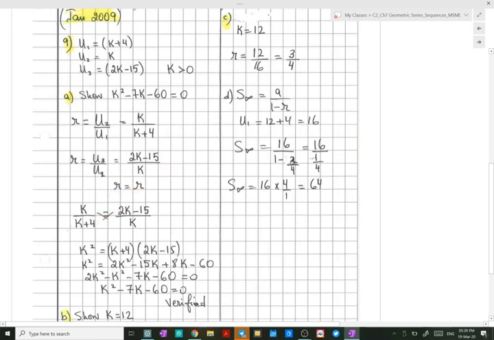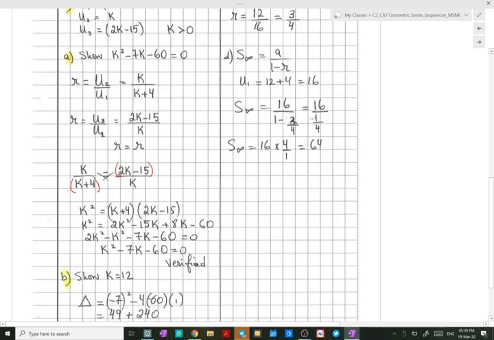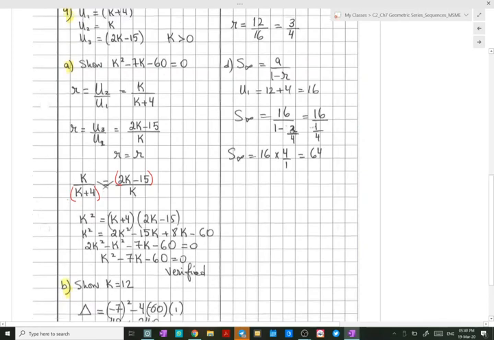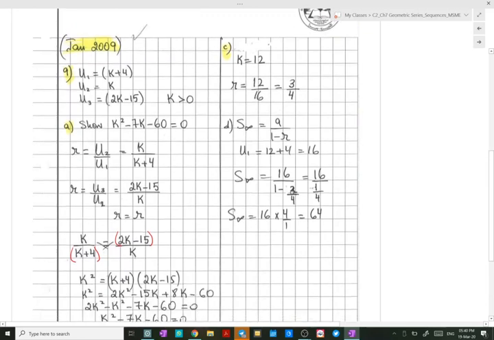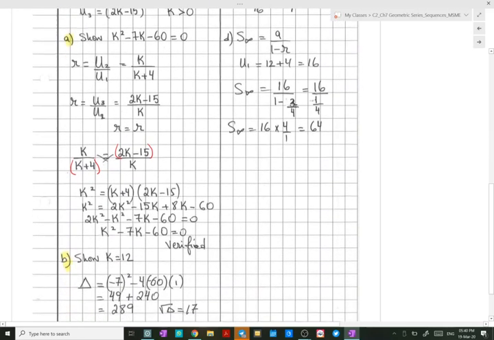So k times k is k squared, then you multiply k plus 4 times 2k minus 15 and expand. After expanding, you take everything to one side, then you collect terms, and therefore you reach what they want us to find, which is k squared minus 7k minus 60 equals 0.